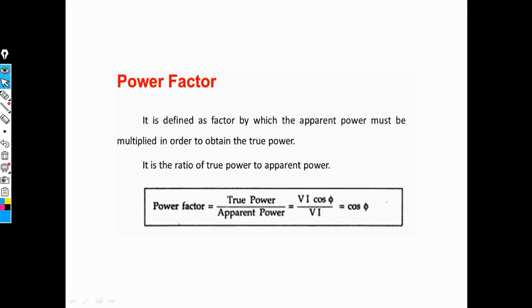And the last point is power factor. Power factor is defined as the ratio of true power, that is real power or active power, upon apparent power.